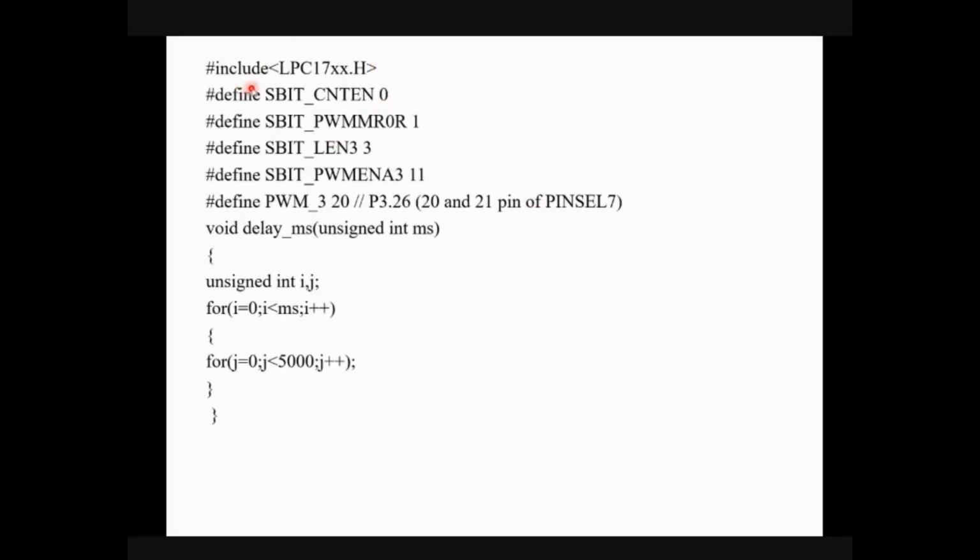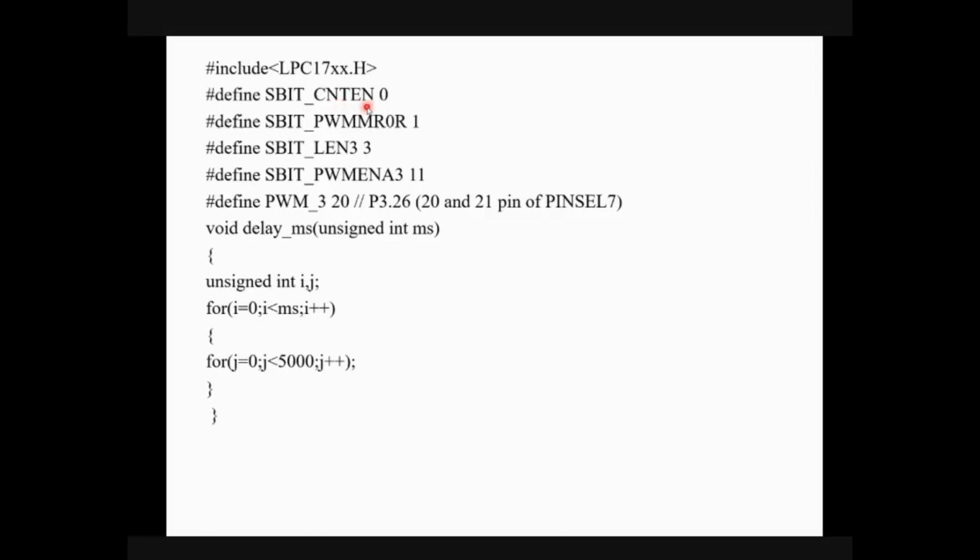Here, first we have to include the header file for LPC1768, so we'll be calling it lpc17xx.h. This is the common header file for all 17 series of LPC microcontrollers. Now we'll be defining a variable named SBIT_CNTEN.